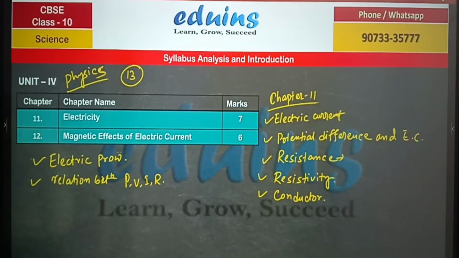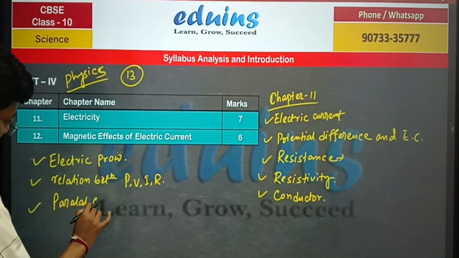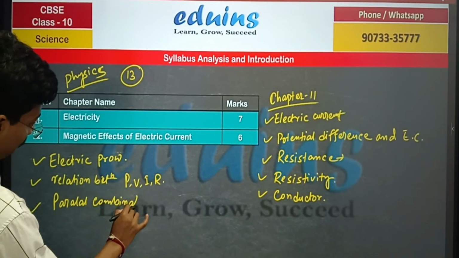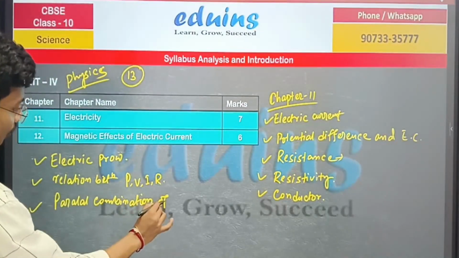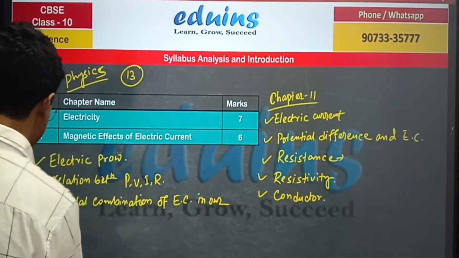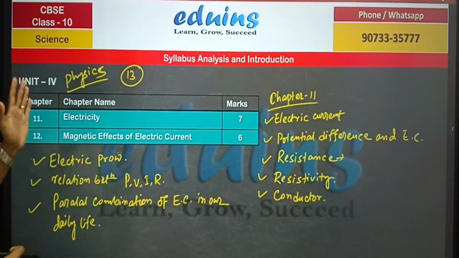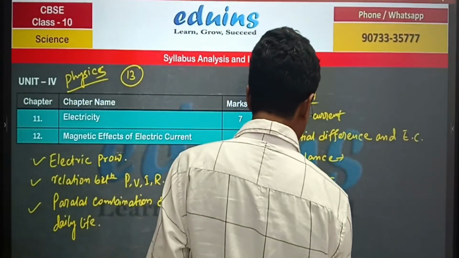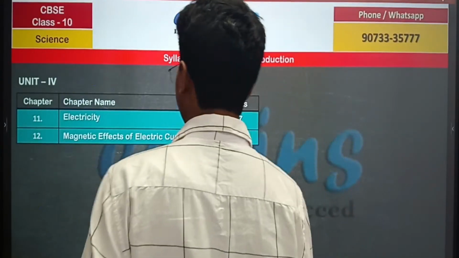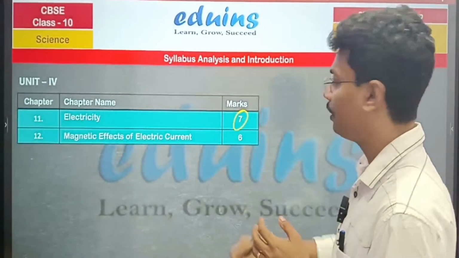And next we will study the parallel combination of electric circuits in our daily life. Next, the last chapter of this unit is named magnetic effect of electric current. From electricity we will get 7 marks in our board exam.